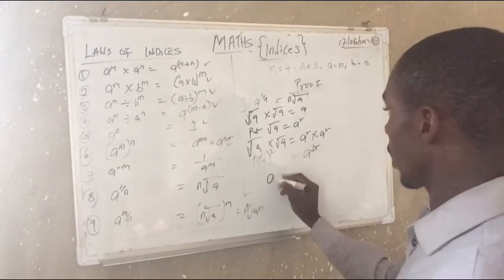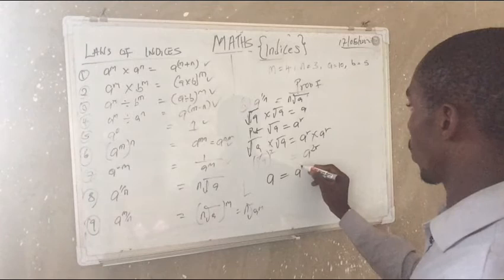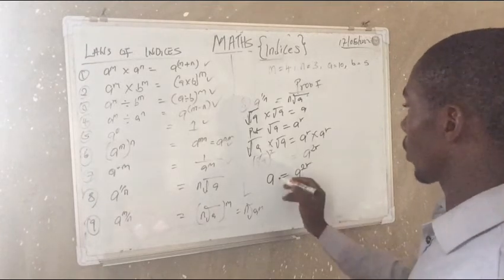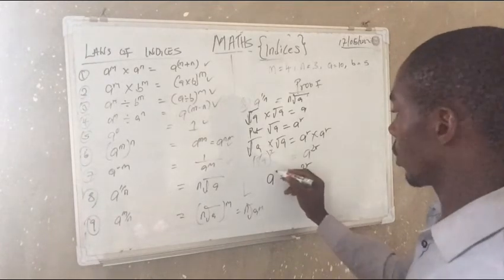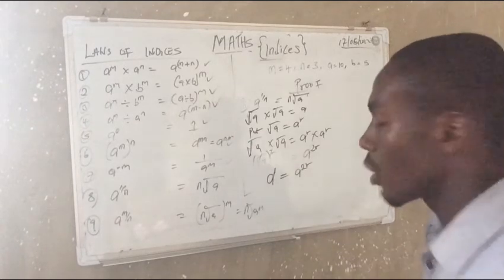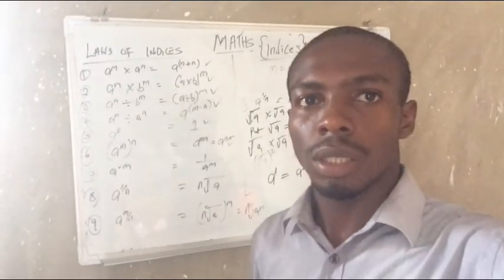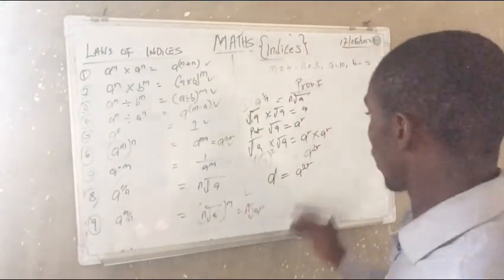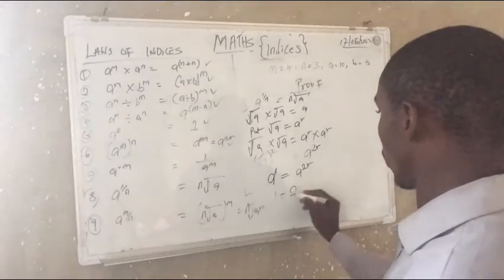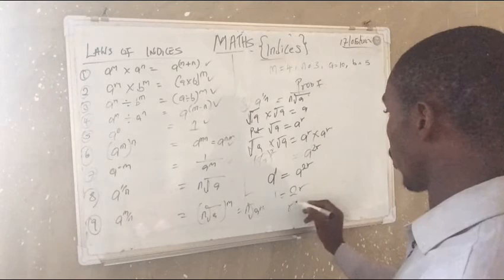So now, a here is equal to a raised to the power 2r. Remember, a is still the same as a raised to the power 1. So equating the index, I can say that 1 is equal to 2r, which implies that r is equal to what?